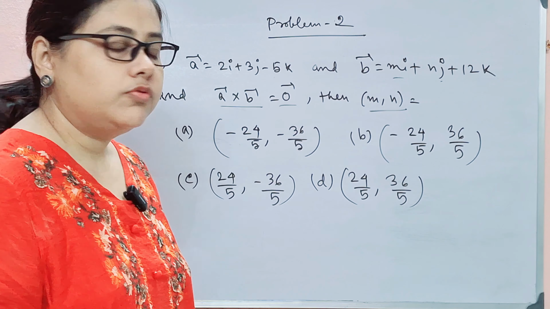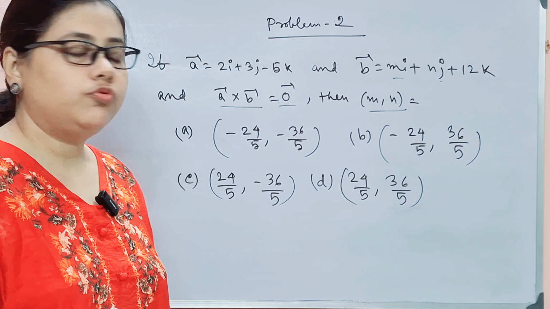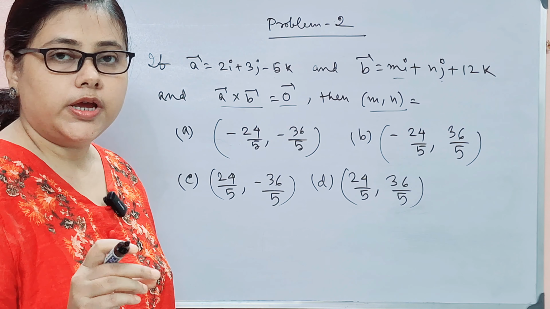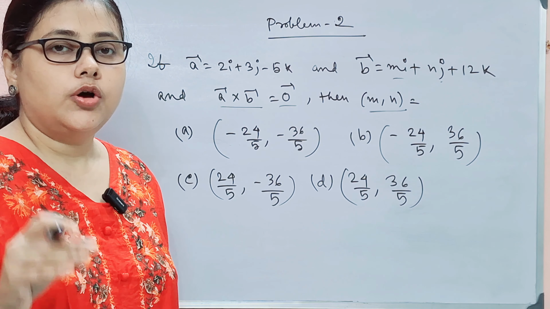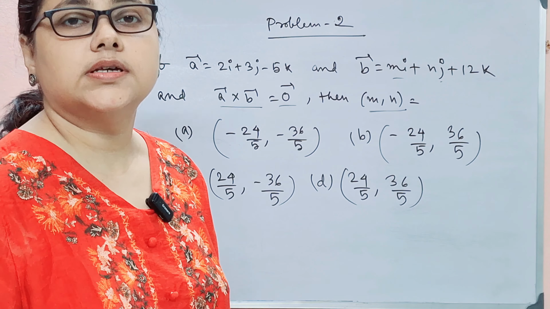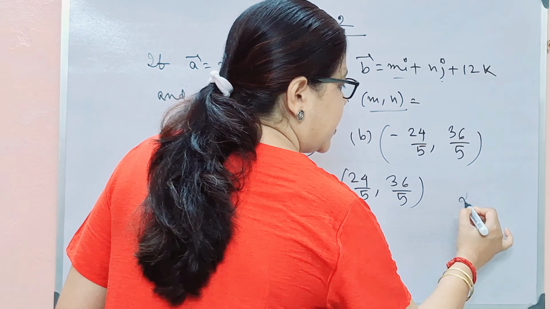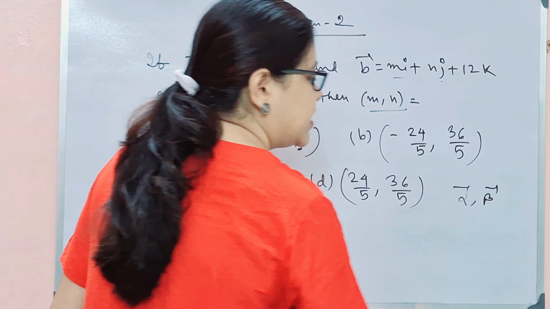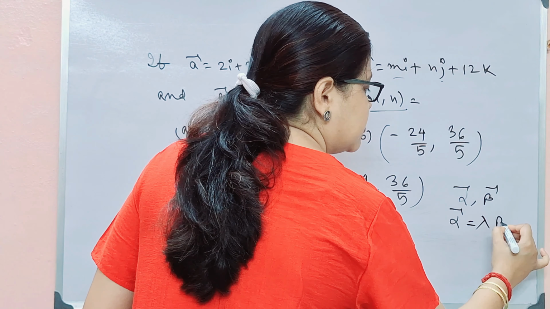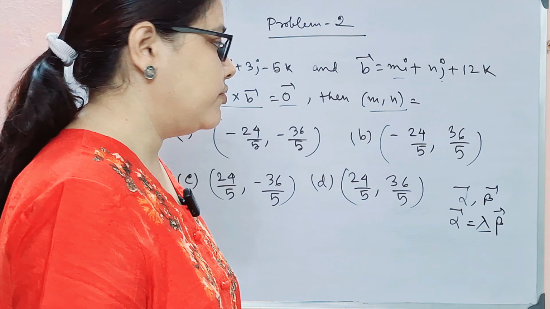These are the 4 options and you will have to choose the correct option. Now the first thing you will have to know is that if the vector product or cross product of two vectors is a null vector, then the two vectors are collinear vectors. What are collinear vectors? If two vectors are parallel to each other, then the vectors are said to be collinear vectors. Suppose alpha and beta are collinear vectors, then alpha can be expressed as lambda into beta, where lambda is a scalar quantity.